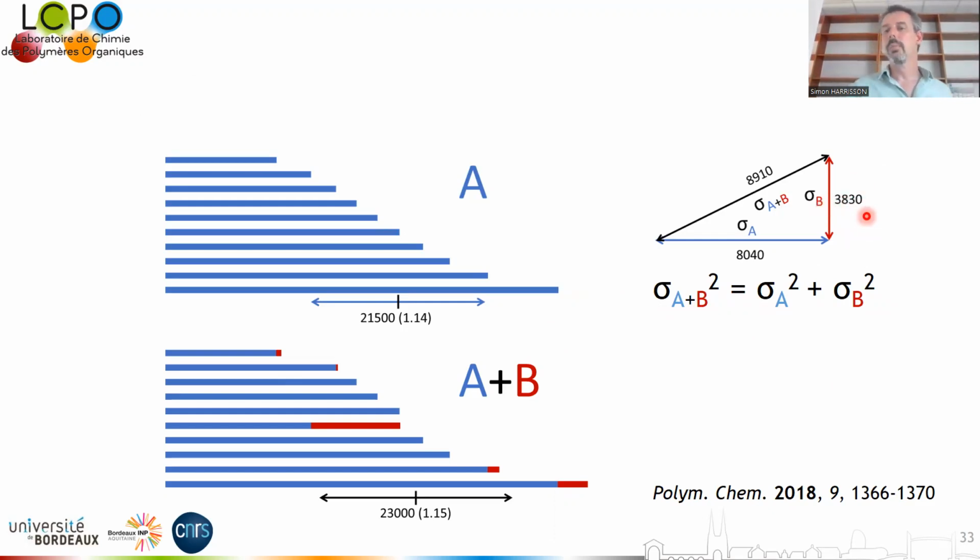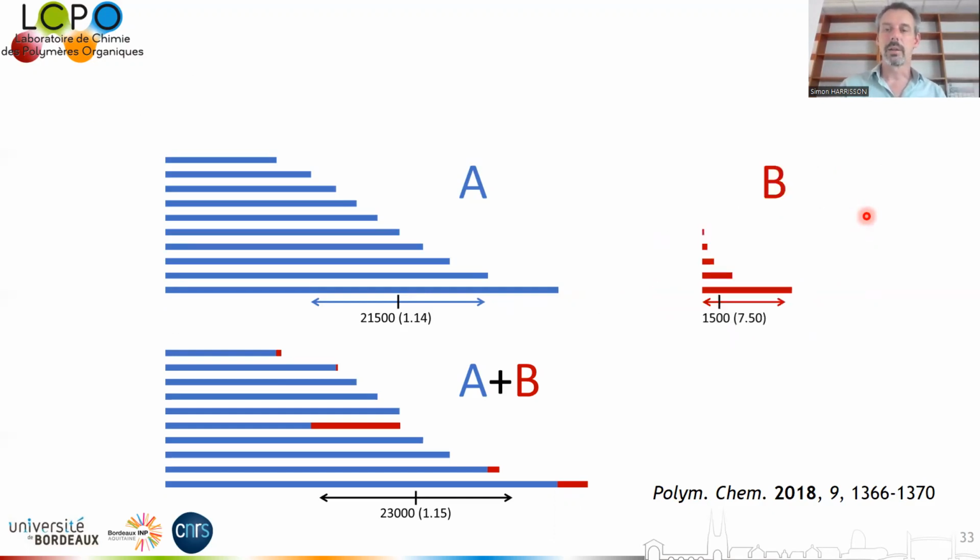So that's more than twice the number average molecular weight of the added block. And if we convert that back into a dispersity, we have a dispersity of 7.5 and just a very, very broad molecular weight distribution. And in fact, half of the chains in this distribution are so small that you can't even see them. They're effectively not there at all.